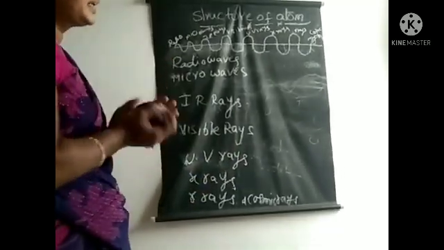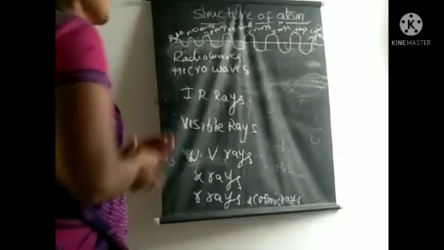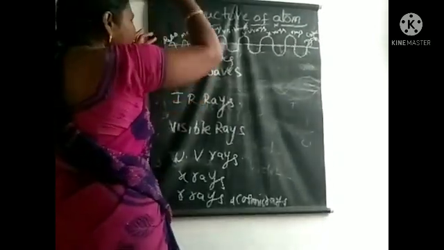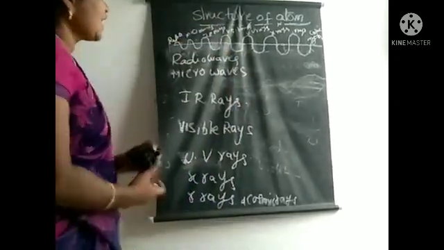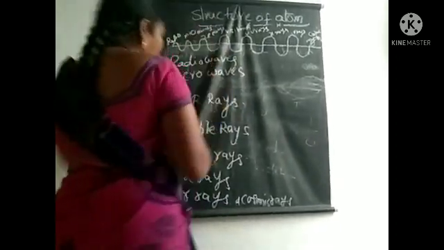But here we observe a small difference. Radio waves have higher frequency and cosmic rays have lower frequency.